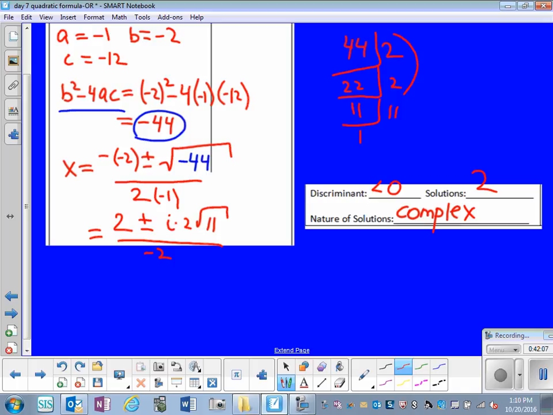Yeah. So now I will separate this into real part and imaginary part. So I'll do 2 over negative 2 plus minus, and then 2 square root of 11 over 2 or negative 2, with the i. So 2 over negative 2 is what? Negative 1.